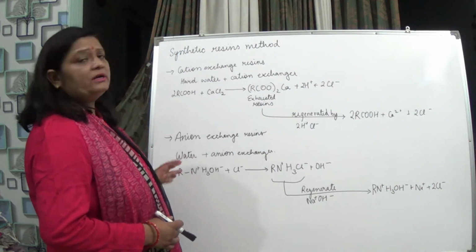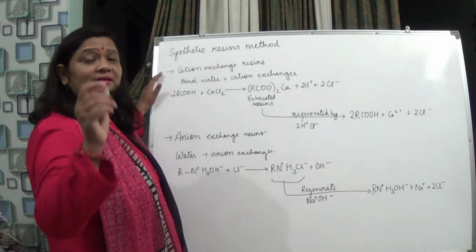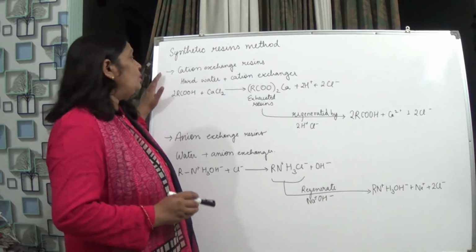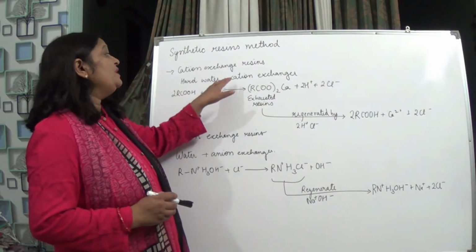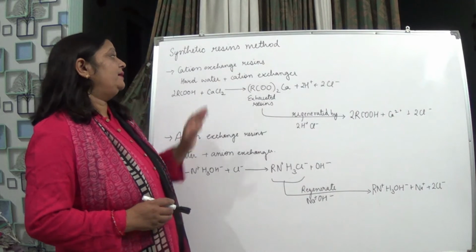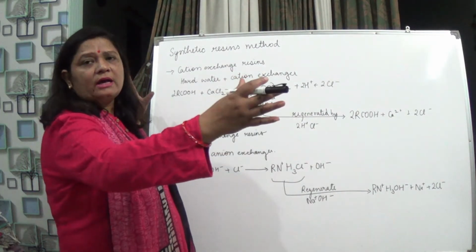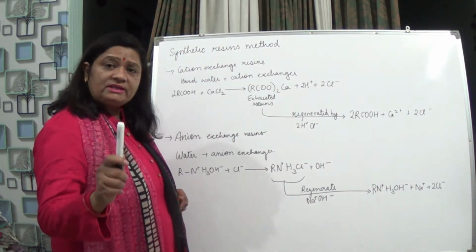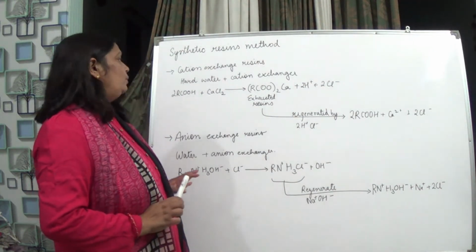When we talk about cation exchange resins, the cations, the positive ions, are exchanged. We take the hard water and add a cationic exchanger. A cationic exchanger can be a long hydrocarbon group joined with the carboxylic group, COOH, or the sulfonic group, SO3H.